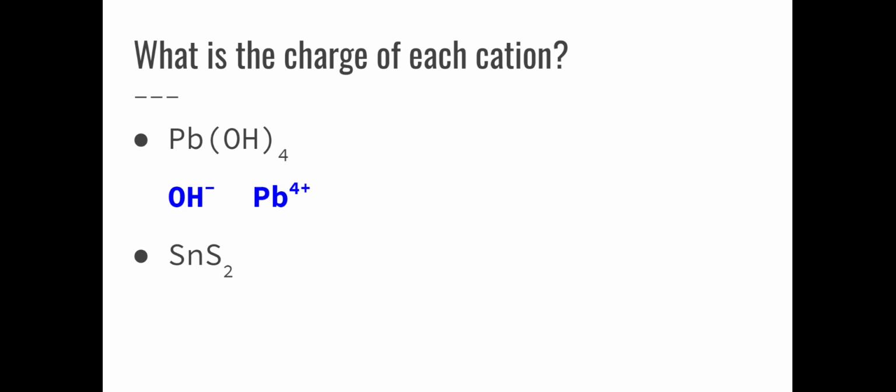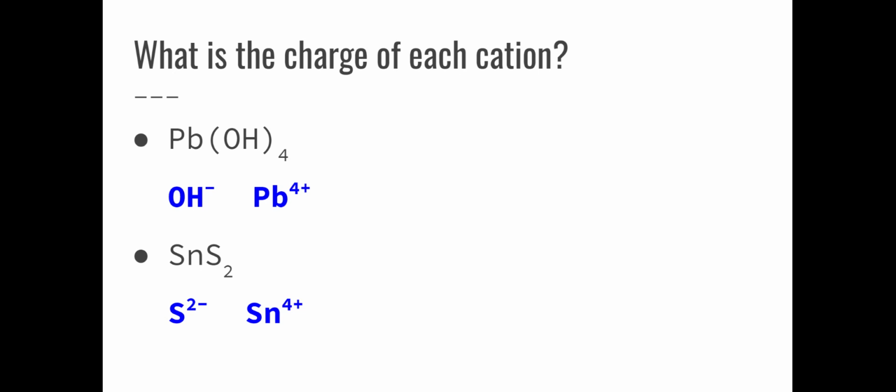If each sulfur is 2 minus, and I need 2 sulfurs, what is the charge on the tin? Emmanuel C. Excellent. I know I should have called on someone else to see if they agreed with you, but you are correct.